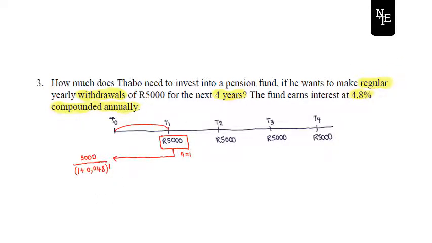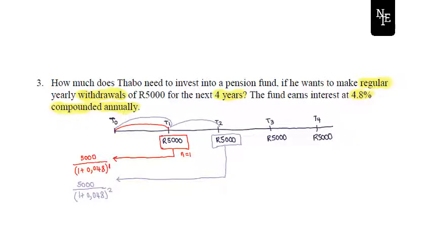Now let's move on to the next one. When we look at this one, if we take it back to the present time, then you have 5,000 divided by 1 plus 0.048 to the exponent of 2 compounding periods, so 1, 2.